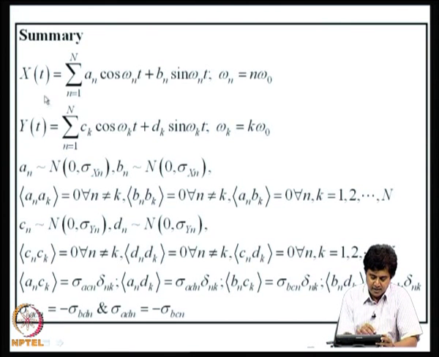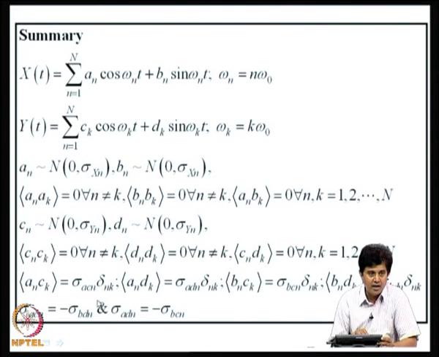So, in summary, I use this Fourier representation for x of t and Fourier representation for y of t. This sigma xn that appears as standard deviation of An is obtained from PSD of x. Sigma yn, that appears in Cn and Dn, is obtained from power spectral density of y of t, and sigma ACN and sigma ADN that appear in the description of properties between An Cn, An Dn, Bn Cn and Bn Dn are obtained from gamma and delta of your cross power spectral density function.